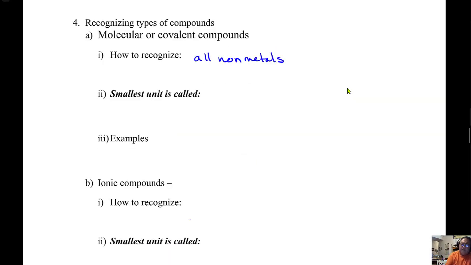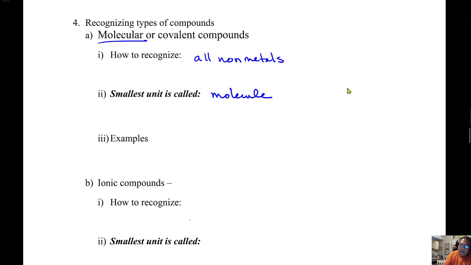Now, for covalent compounds, the smallest unit is called a molecule. And that's why we call them molecular compounds too. So when somebody says this thing is made up of different kinds of molecules, that actually has a real meaning to it. That is, it's all nonmetal compounds.